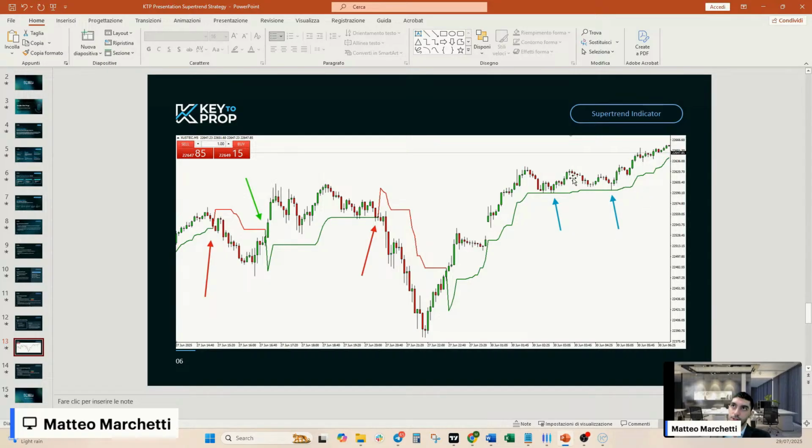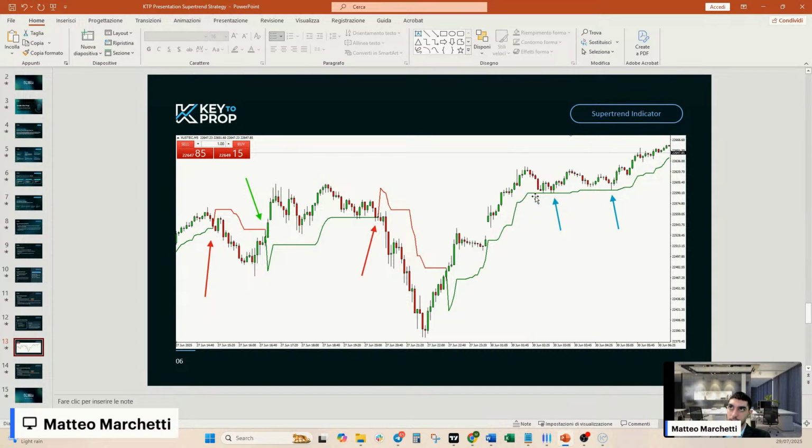And then in blue I've highlighted a very interesting occasion we can find with this indicator without waiting for the price to break the line of the super trend. So most of the time, if you are, for example, in an uptrend and the prices retrace and retest the super trend when the super trend is in a static position. So for example, here it is moving, here static, moving, static, moving, static.